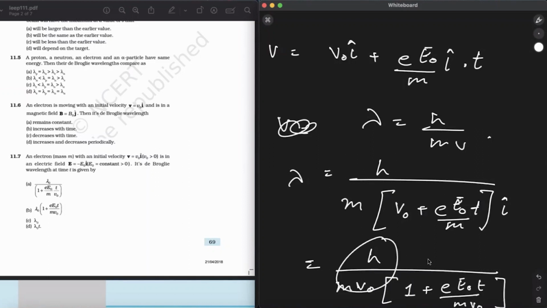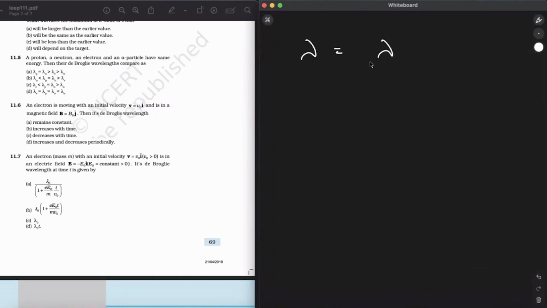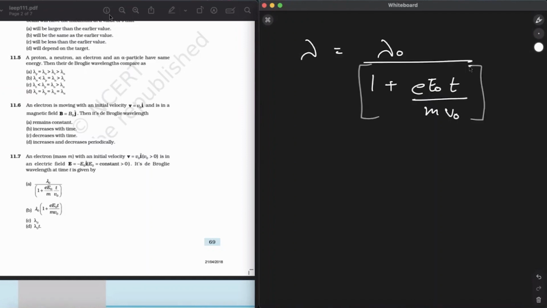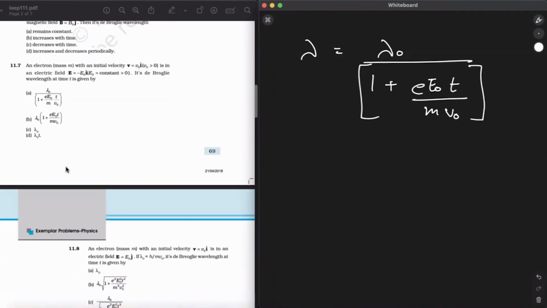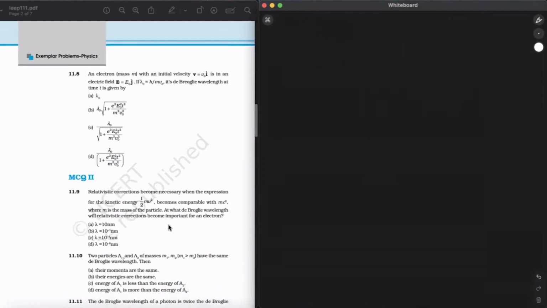So this is the initial lambda, lambda naught. Lambda will be equal to lambda naught divided by 1 plus eE naught t divided by m v naught. So we have done question number 7. I hope you understood this question because it was a basic one. Now we have question number 8.